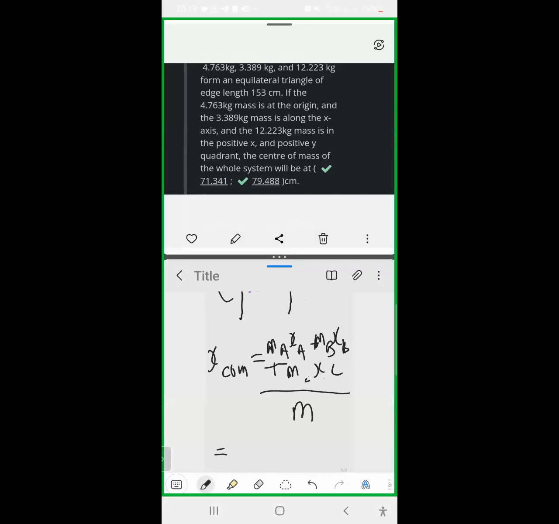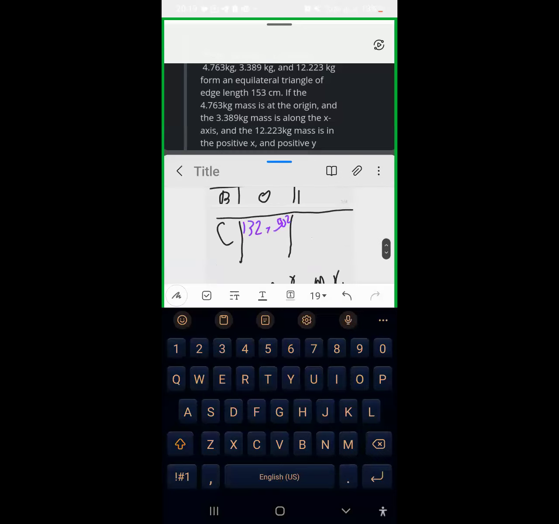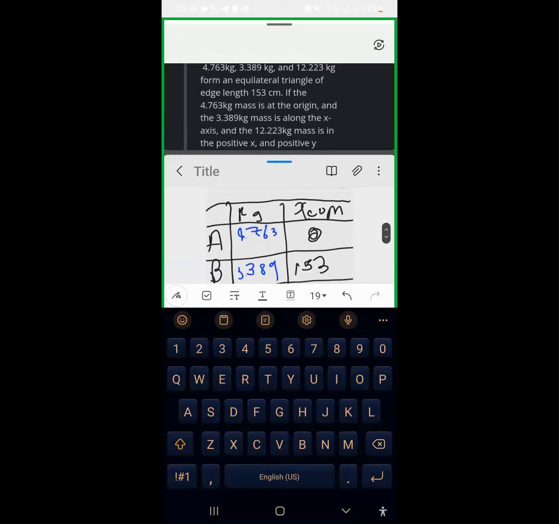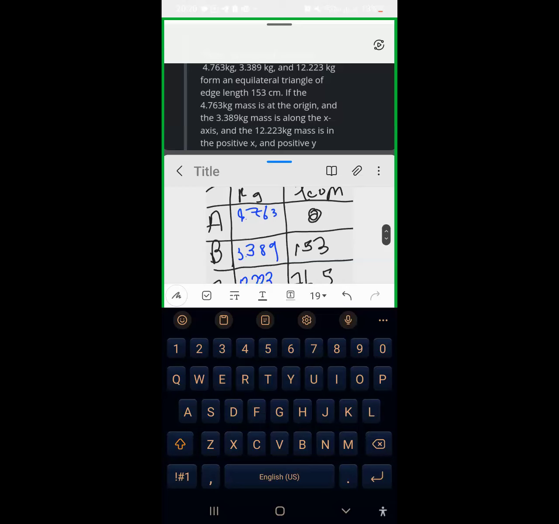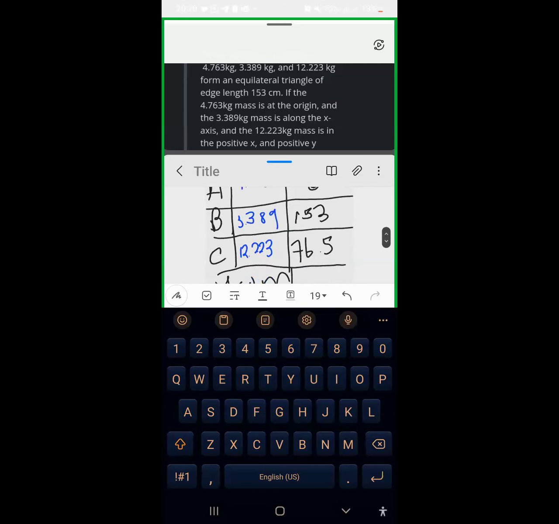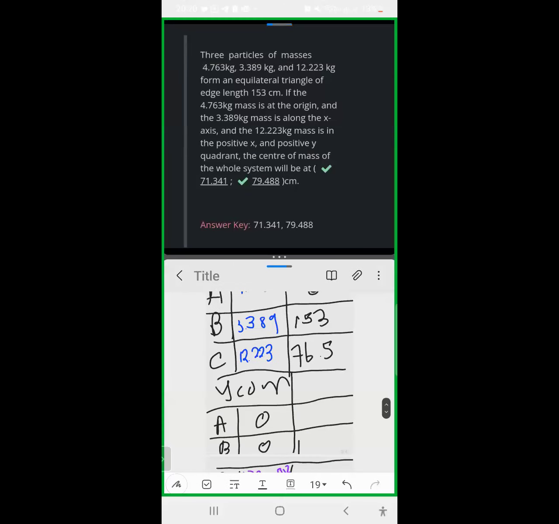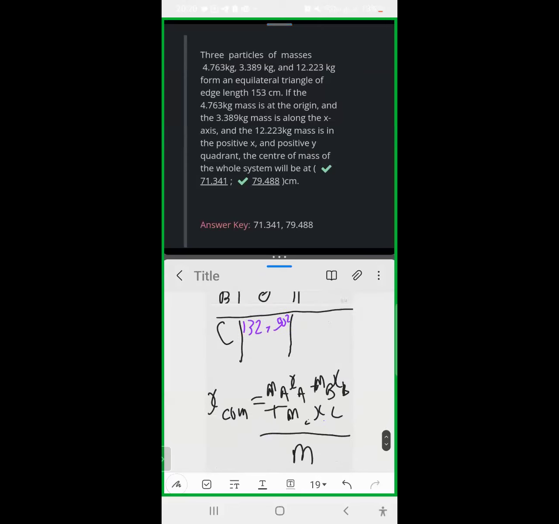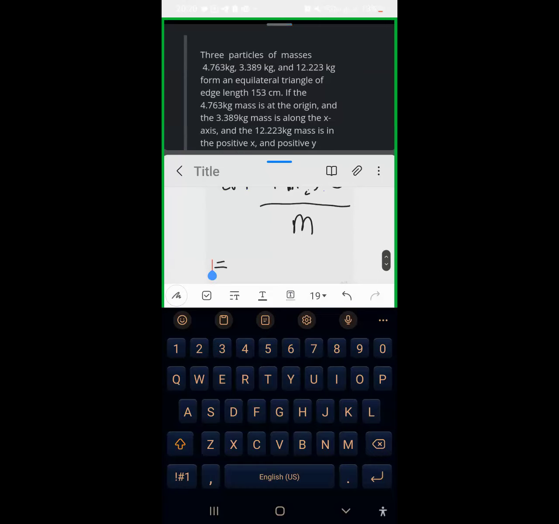We have the mass at A, which is 4.763, and its x coordinate, and the mass at B, which is 3.389, and its x coordinate, which is 153. Then we have the mass at C and its x coordinate, which is 76.5.